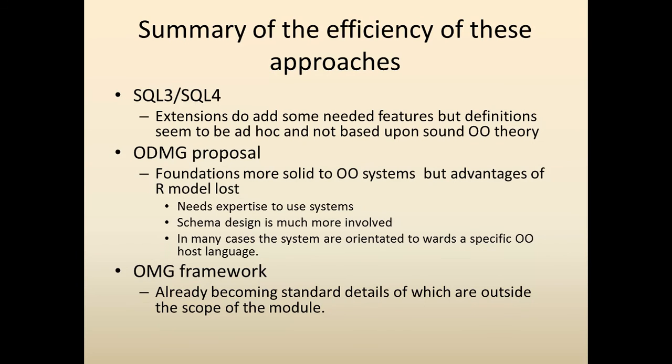So need expertise to use systems. Schema design is much more involved. In many cases, the systems are oriented towards a specific object-oriented host language. OMG framework means it is already becoming standard, details of which are outside the scope of the module.